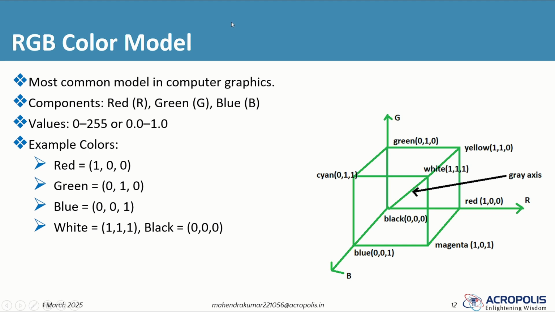For example, red is (1, 0, 0), green is (0, 1, 0), and blue is (0, 0, 1). When we mix red and green, we get yellow (1, 1, 0). When we mix red and blue, we get magenta (1, 0, 1). So let's go further.